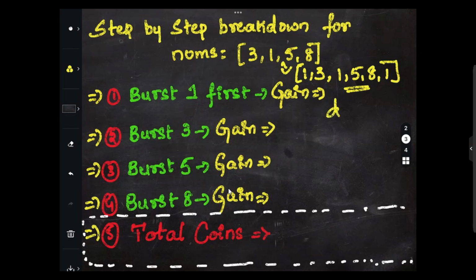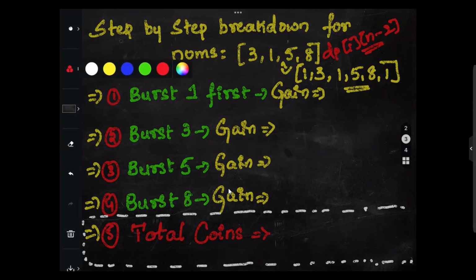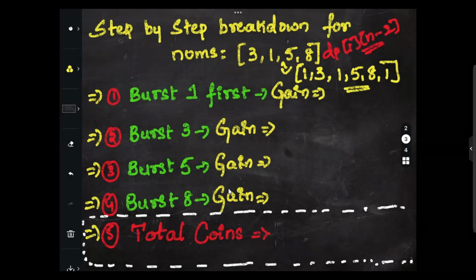The final result is stored in dp of 1 into n minus 2 in this case. Why?